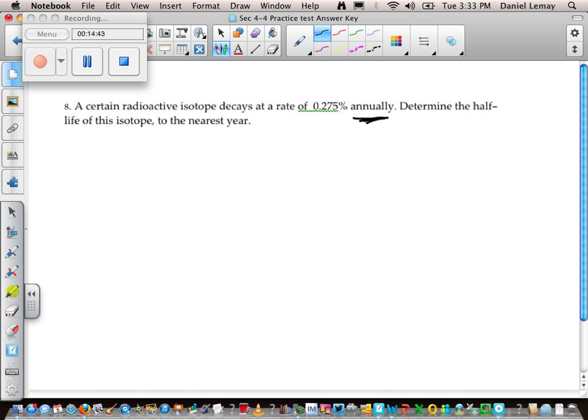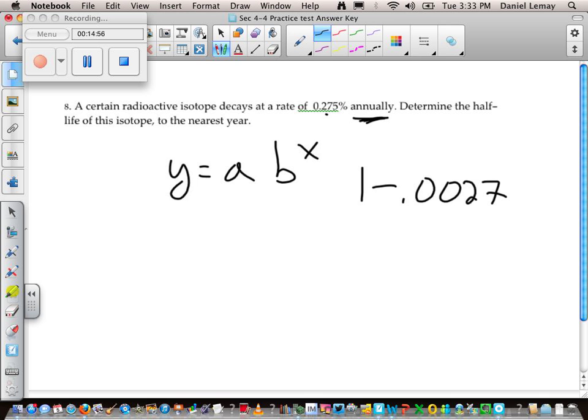So I'm going to say y equals a times b to the x. This is decay, so to get b, I'm going to do 1 minus 0.0027. Remember, you've got to make that percentage into a decimal. You subtract those two and you get y equals a times 0.99725 to the x.